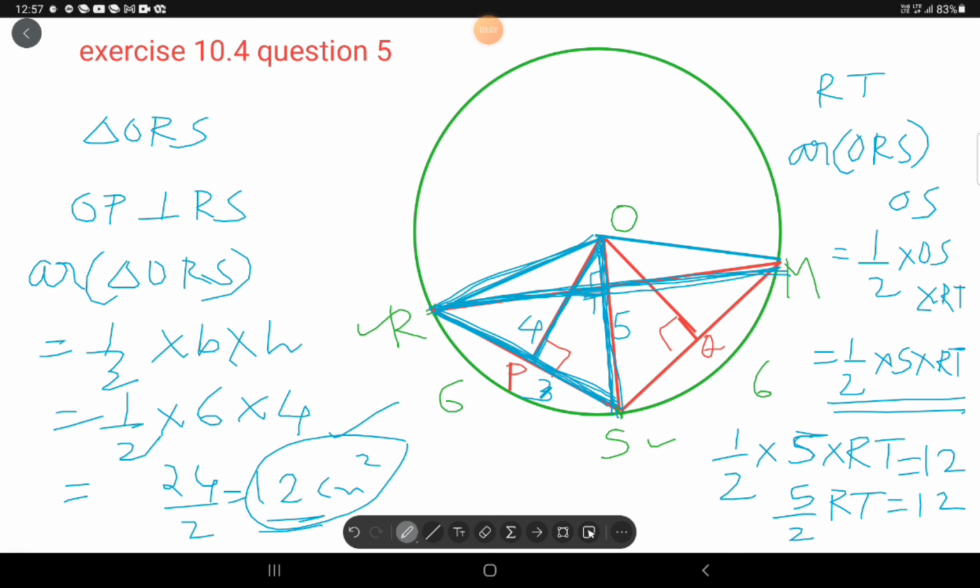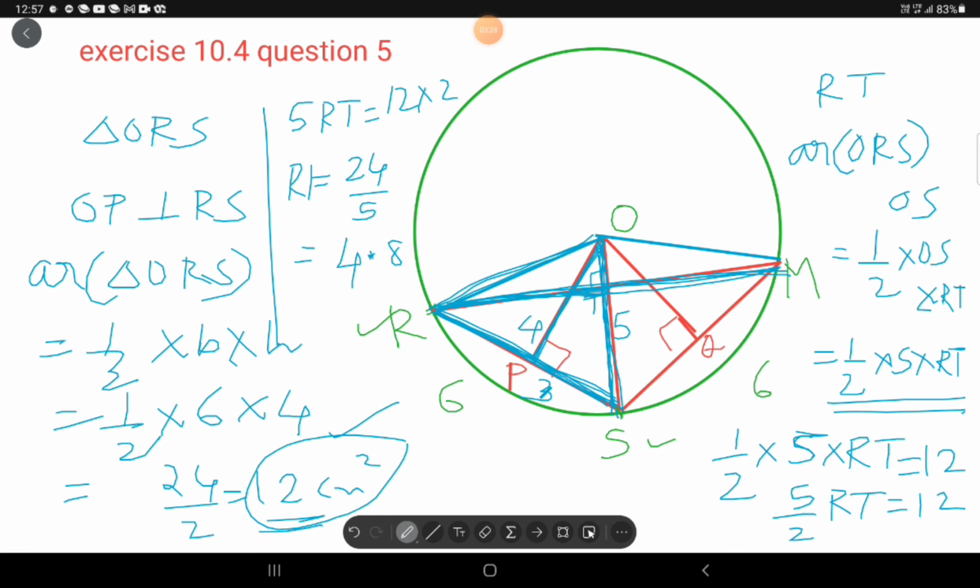So 5 RT is equal to 12 into 2. So RT is equal to 12 into 2, which means 24, by 5. That is equal to 4.8 centimeter.